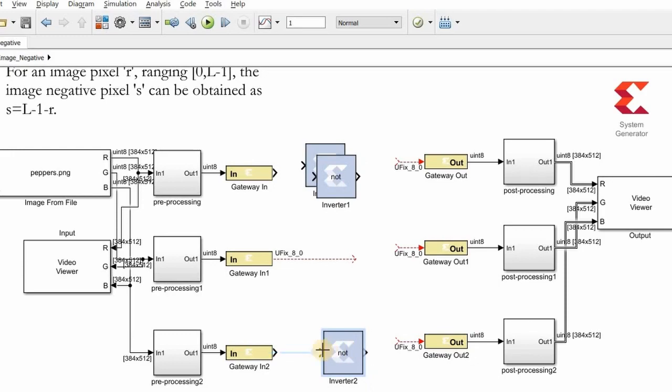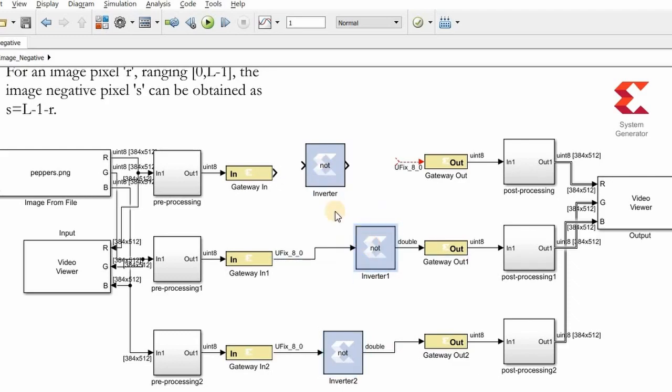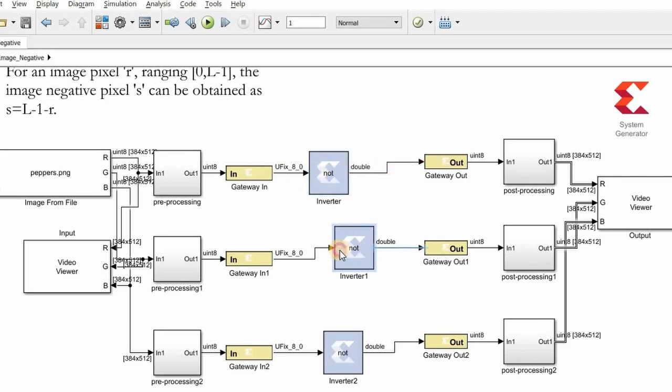Three inverters are required for our entire color model. So this is the other implementation for the image negative model.